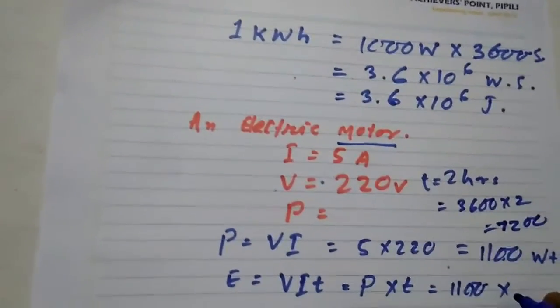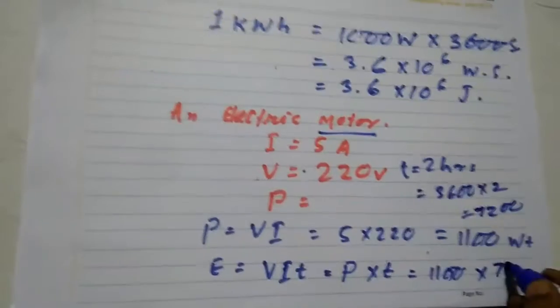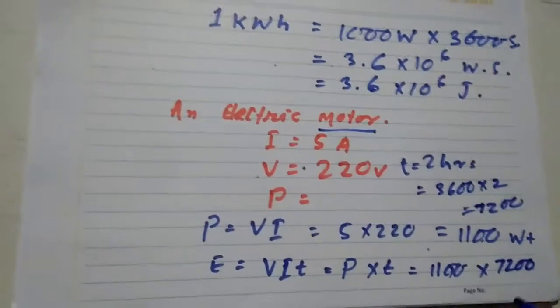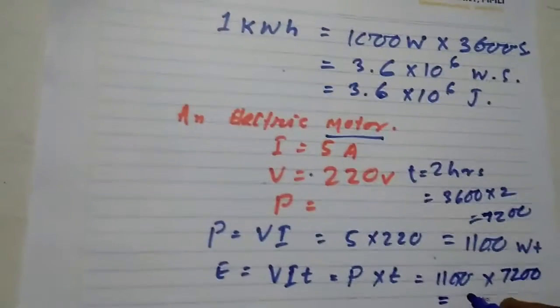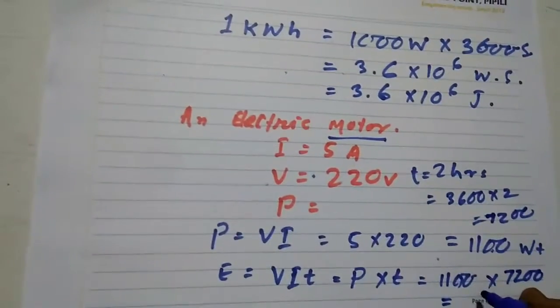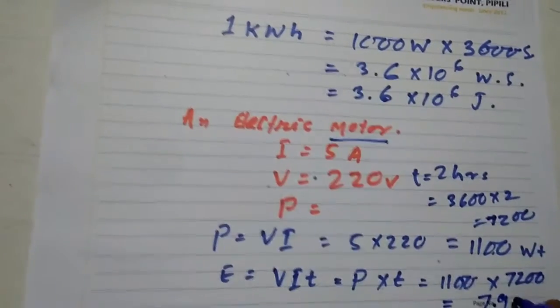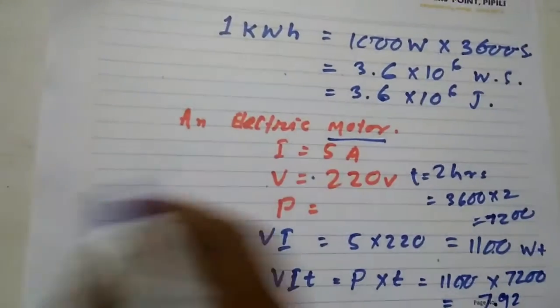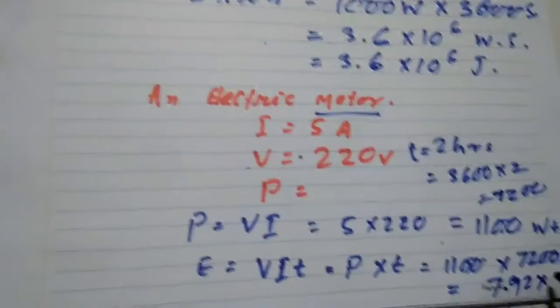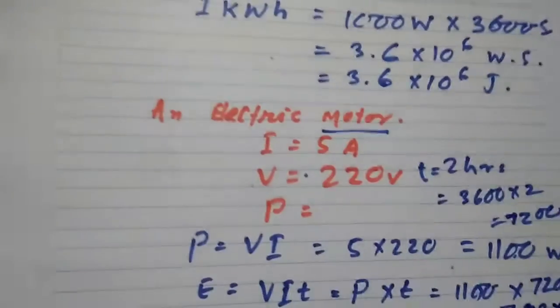So 1100 into 7200 gives 7.92 into 10 to the power 6 joule.